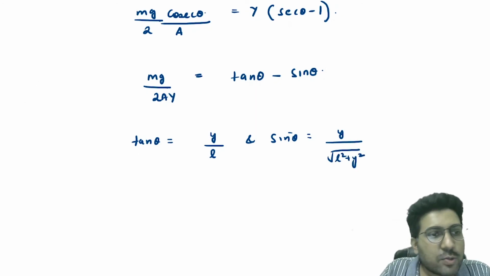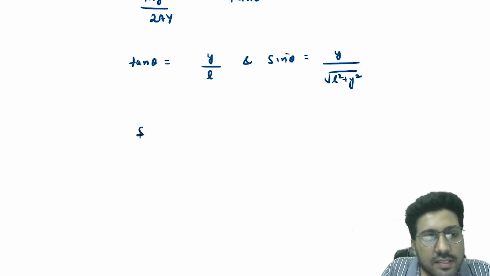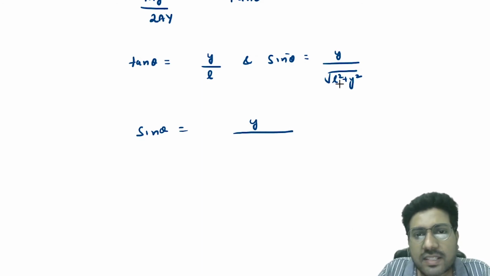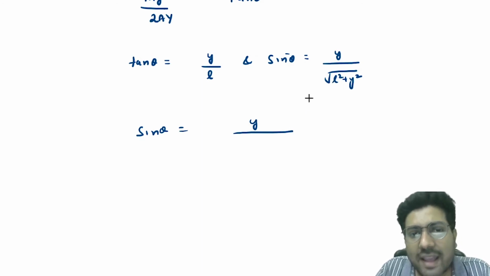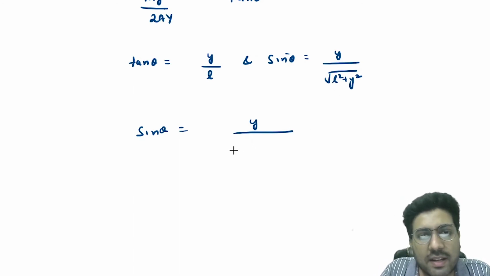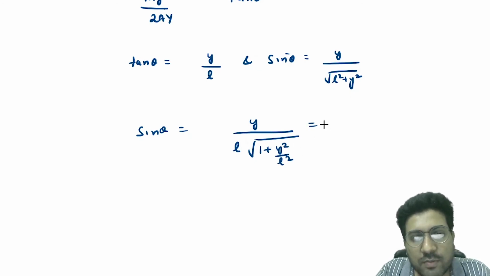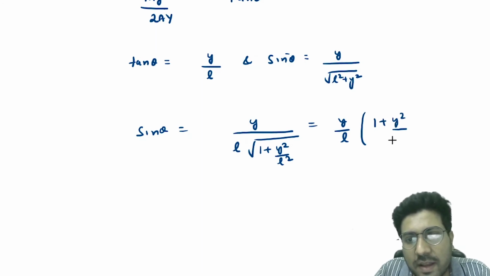Now what I will do here is take L square common. So root of L square will become L and you will get 1 plus y square by L square. From this you will get sin theta equal to y by L into (1 plus y square by L square) whole power minus half.